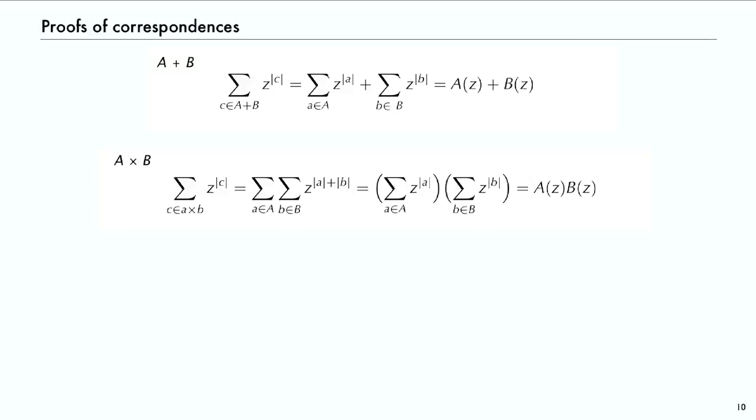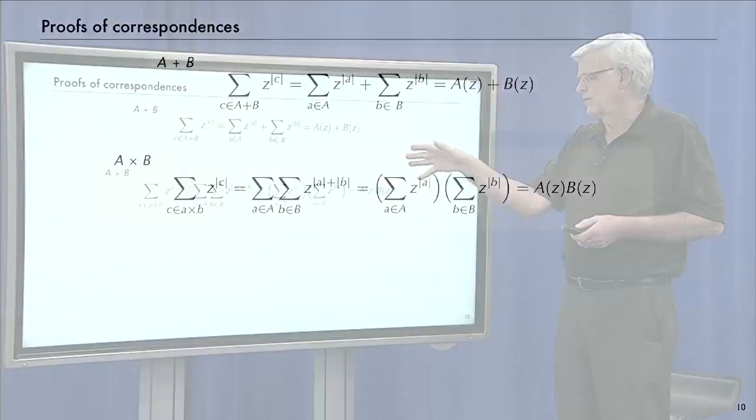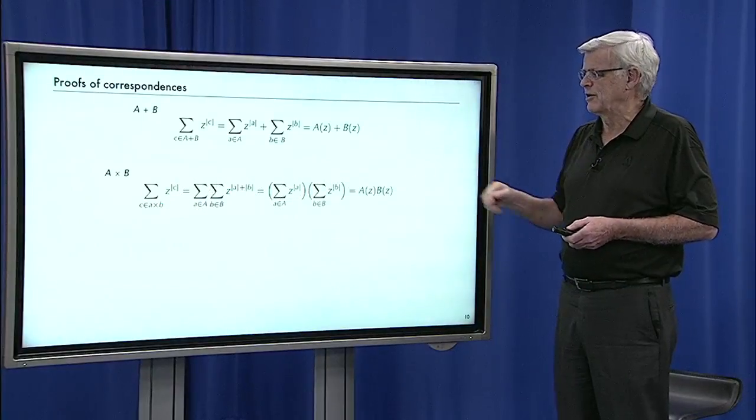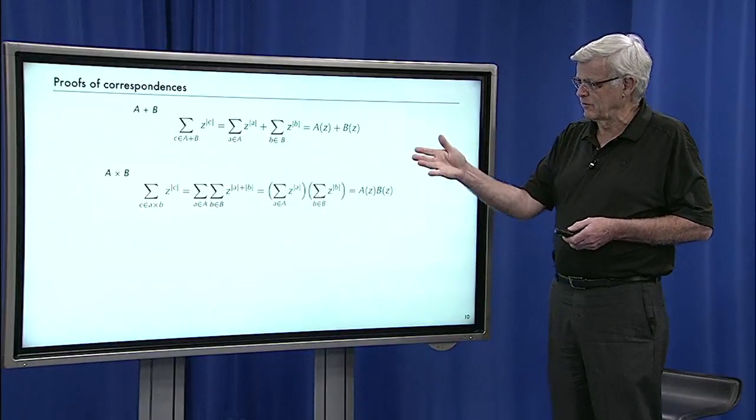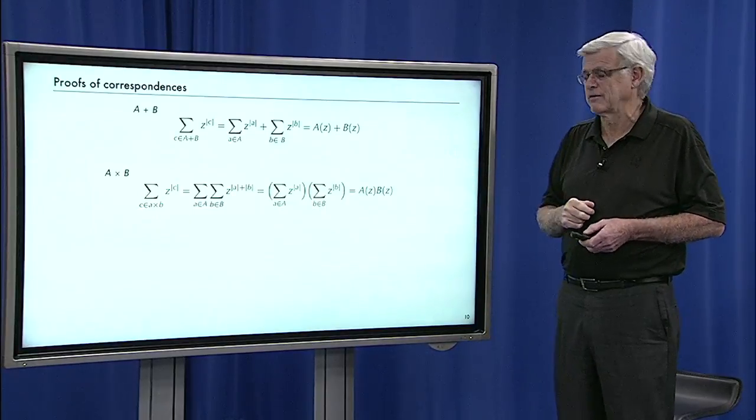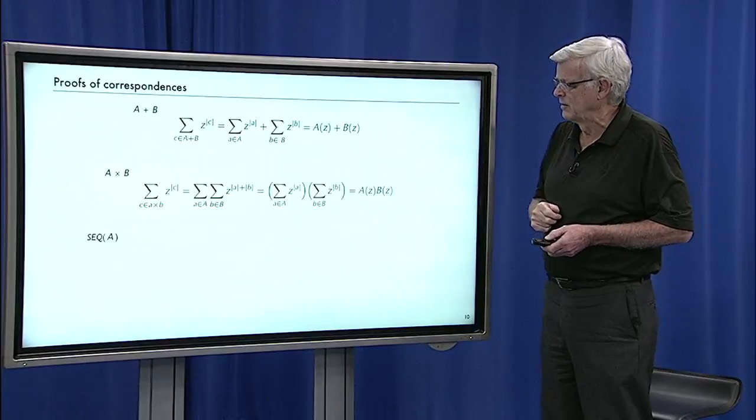And since there's one from A and one from B, and we're combining them, the size of the ordered pair is the sum of the sizes of the two objects that we combine. And those are independent, so we can just split those sums and get the product. So the generating function for the Cartesian product is the product of the generating functions.